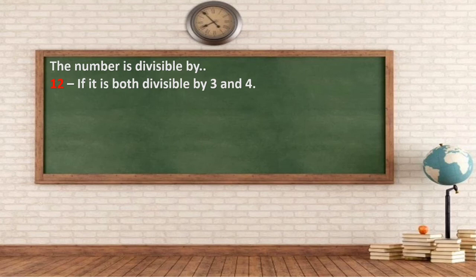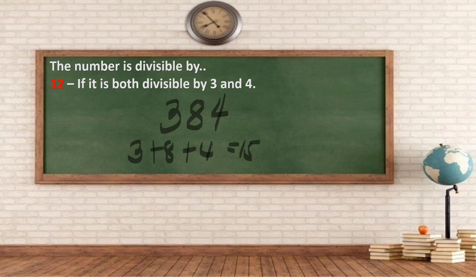The number is divisible by 12 if it is both divisible by 3 and 4. For example, 384. So this is divisible by 3 since if we add all the digits, 3 plus 8 plus 4 is equal to 15. 15 is divisible by 3.